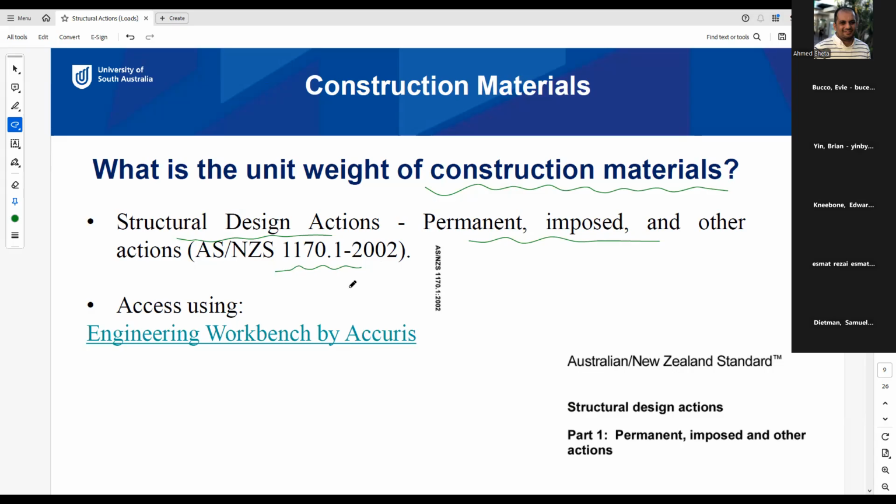This standard gives us the unit weights of the construction materials available in the Australian market. You can access the standard using this link by Engineering Workbench. So you can have a look at that, and we will go through them now.